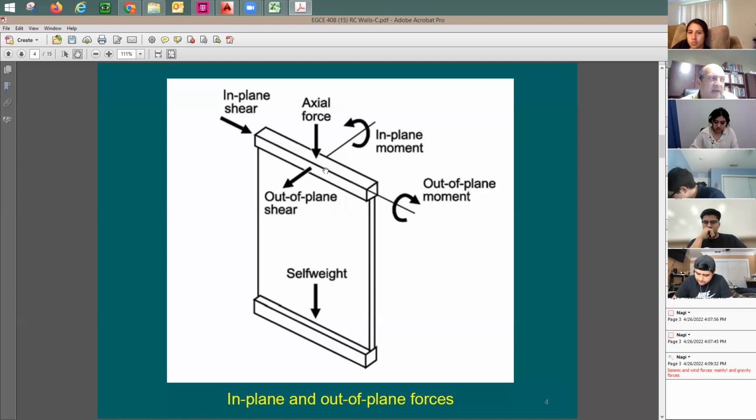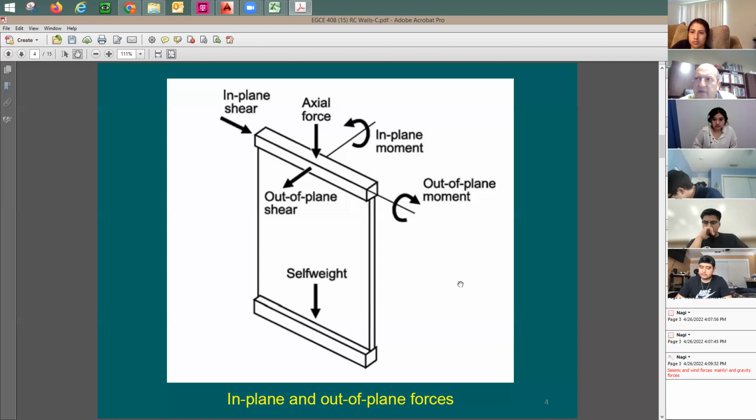And also it can have some moment. Once you have any lateral loads, it means that you're going to have moment with it. If this wall is like a cantilever system supported here at the bottom, any lateral forces are going to create moment at the bottom of the wall. On top of all of that, the wall also supports itself. It supports the self weight of the wall. It is part of what's being supported.